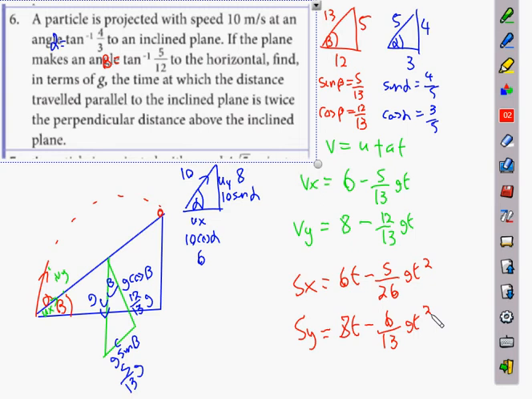It goes, the time at which the distance travelled parallel to the inclined plane is twice the perpendicular distance above the inclined plane. So, look at this, okay? An example would be, I'm going to shade this in yellow. Imagine this is the Sx distance, yeah?